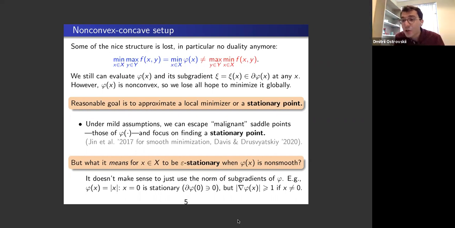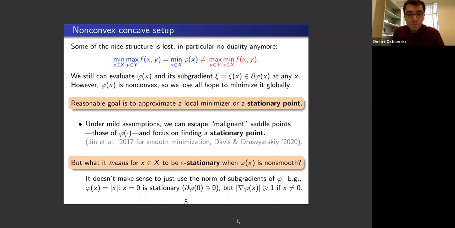And moreover, we actually even know that if you have an algorithm that can find first order stationary points by local search, then if you add some random perturbations in the right regime, finding second order stationary points will be not that much harder. This was shown by Chi Jin and co-authors in 2017, and it was extended by Dmitriy Drusvyatskiy and Damek Davis for weakly convex functions.